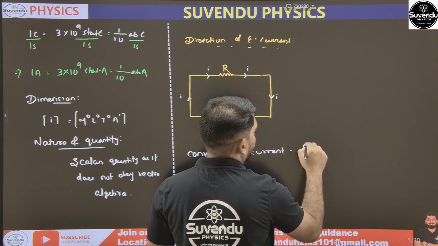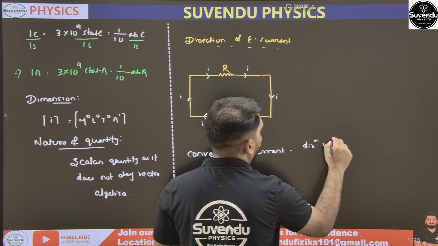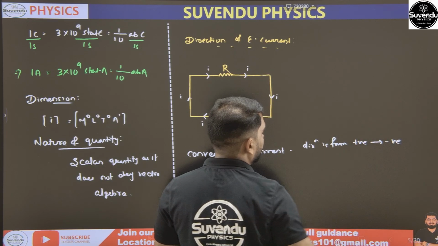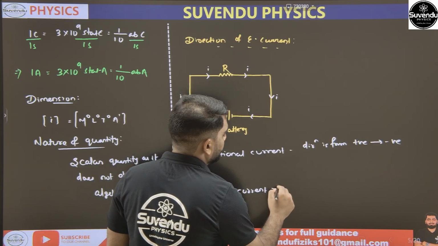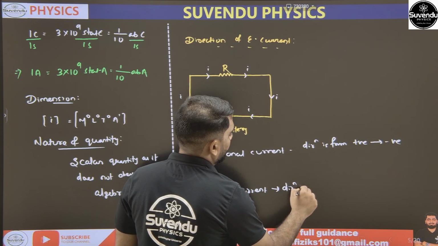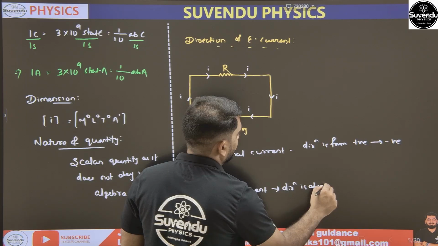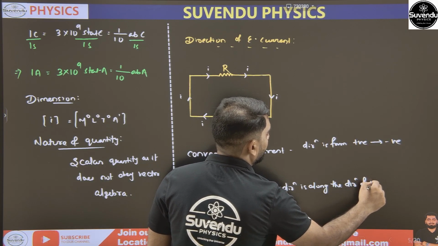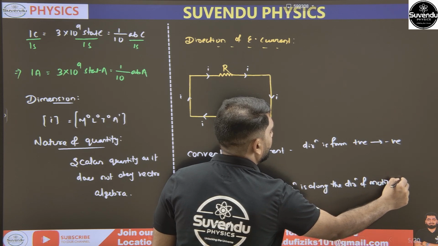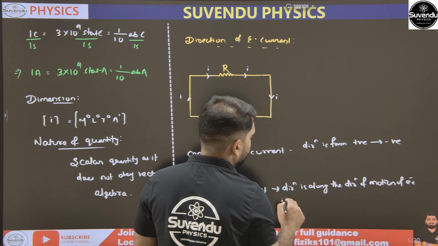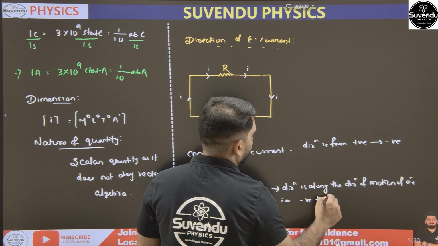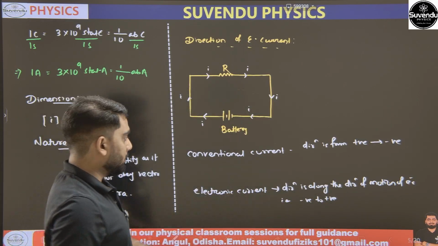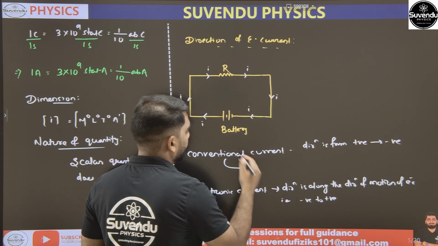The direction is from the positive terminal to the negative terminal. And electronic current means its direction is along the direction of motion of electrons, that is from negative to positive. So we can say conventional current flows opposite to electronic current.